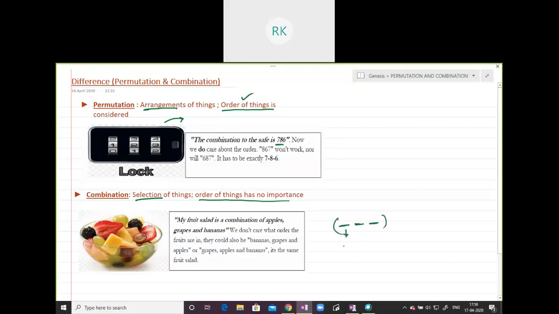And every slot we have 0 to 9 digits, every slot 0 to 9, and I have set the password that is 129. If you put in 219, of course that is not the passcode that I fixed. So it means the order does matter.